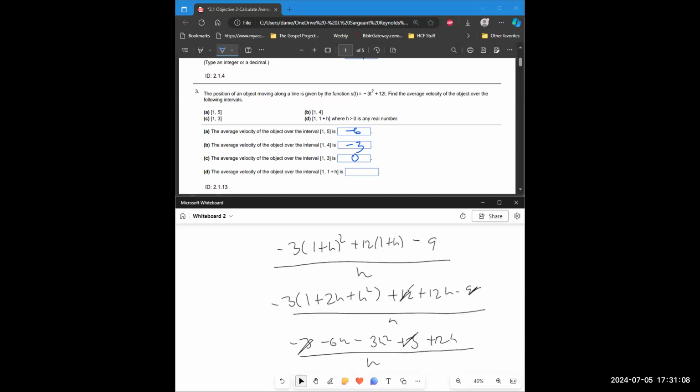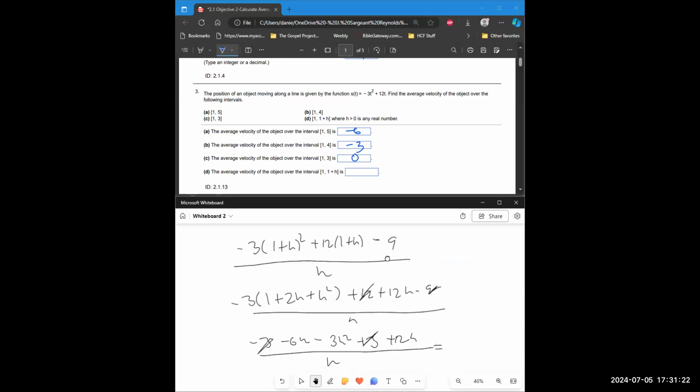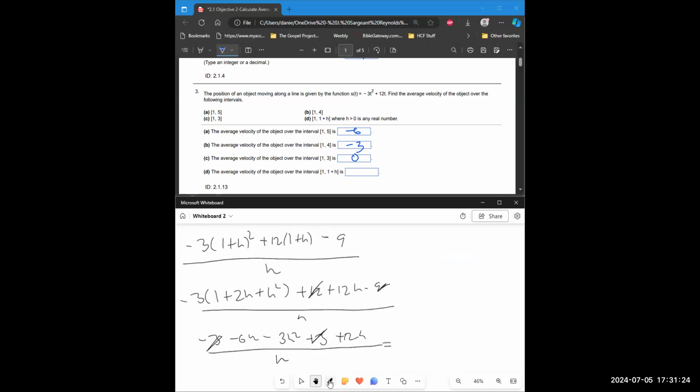And we're going to get 12h minus 6h is 6h, minus 3h squared over h is 6 minus 3h, right?